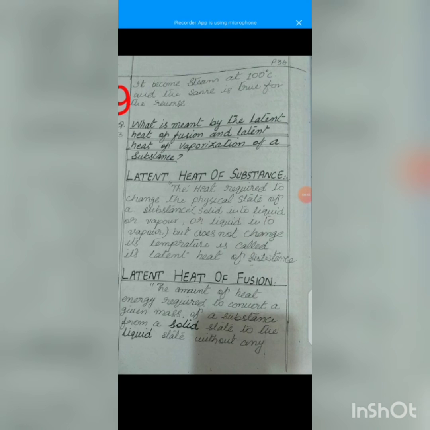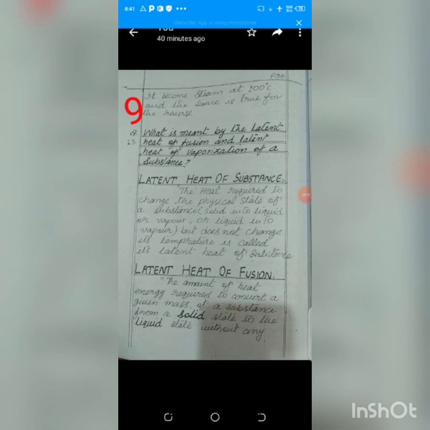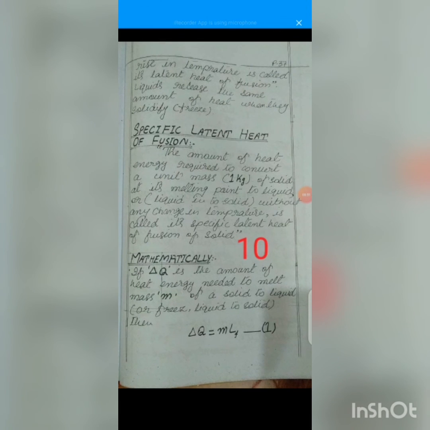Latent heat of fusion: the amount of heat energy required to convert a given mass of a substance from solid state to the liquid state without any rise in temperature is called its latent heat of fusion.